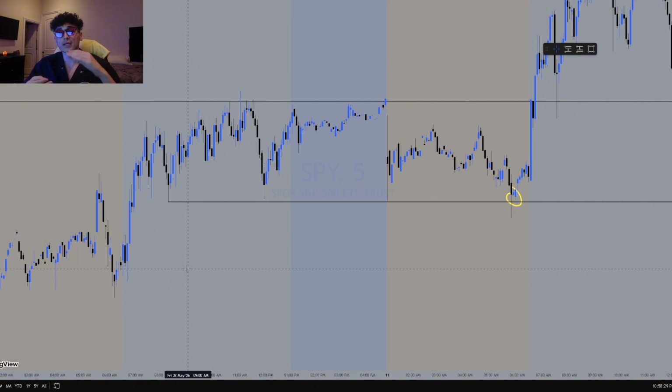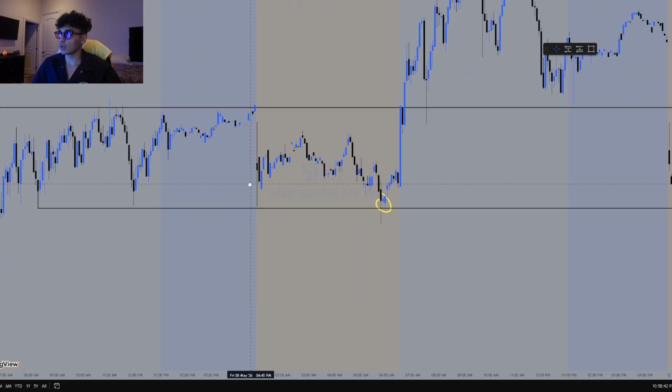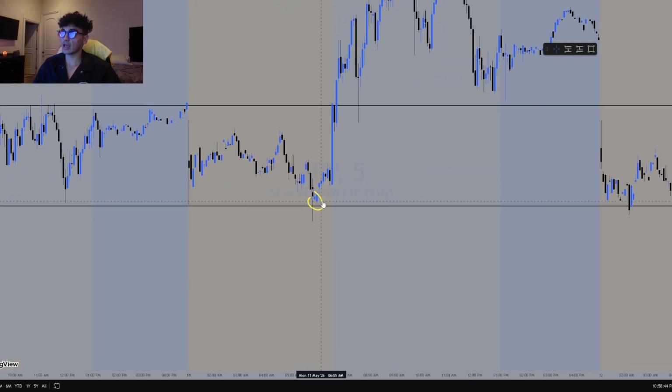Because if I have an idea of where price is likely to reverse, why don't I take profits at that point before price does reverse? So let's say in this case scenario, I were to enter a trade long off of this support level right here.